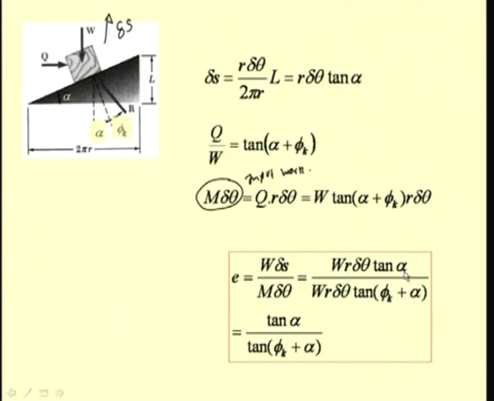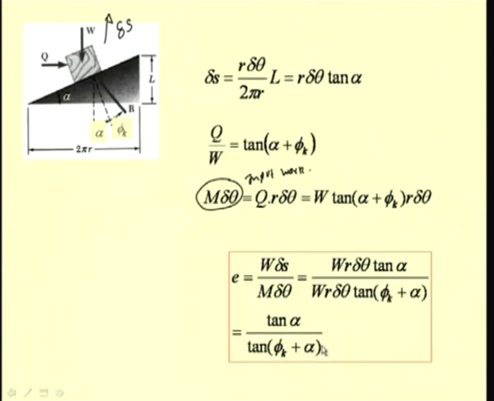We have substituted that value, divided by m delta theta, which we have just found to be W tan alpha plus phi k times R delta theta. So, if we remove these common terms, we have this efficiency as tan alpha by tan alpha plus phi k.